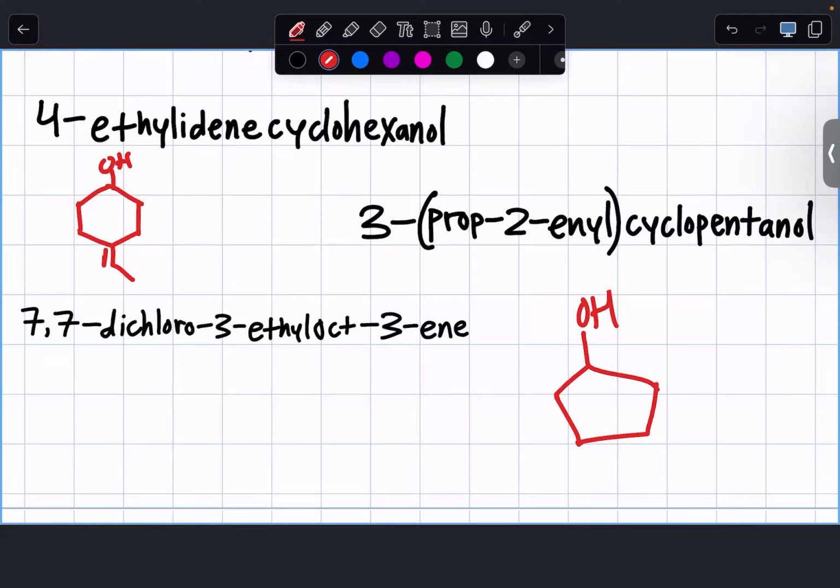So let's say this is 1, 2, 3, 4, 5. Then 1, 2, 3, that's the propyl, where at carbon 2 of that substituent, we have a double bond right there. Did you guys get this? Okay, let's get it. Now this one.